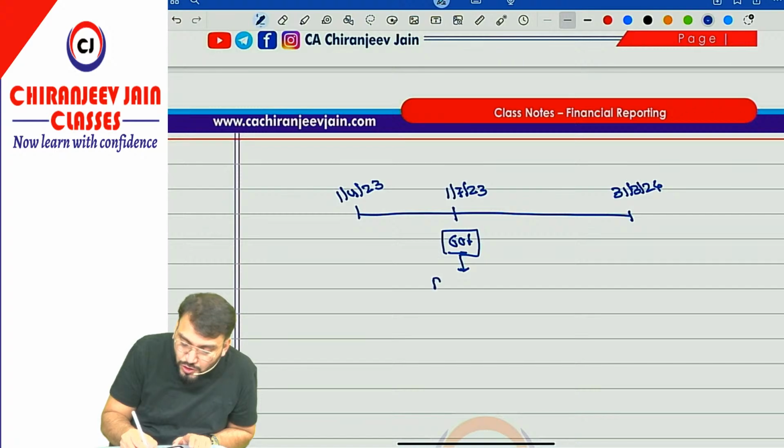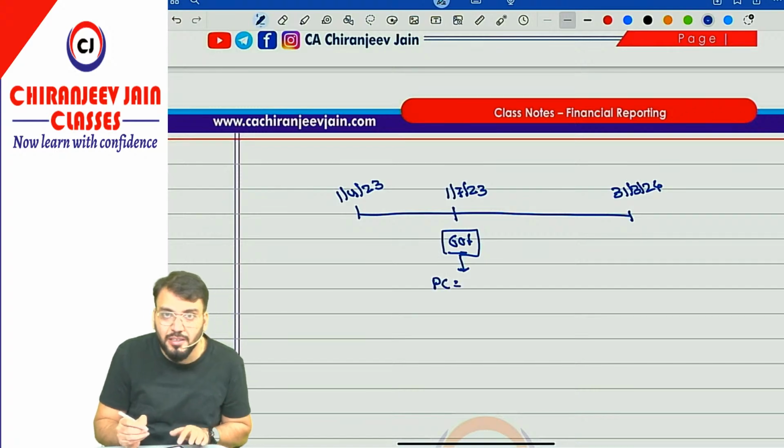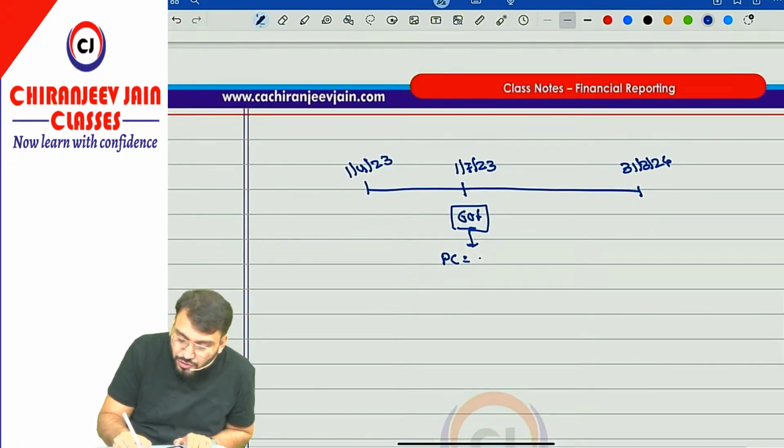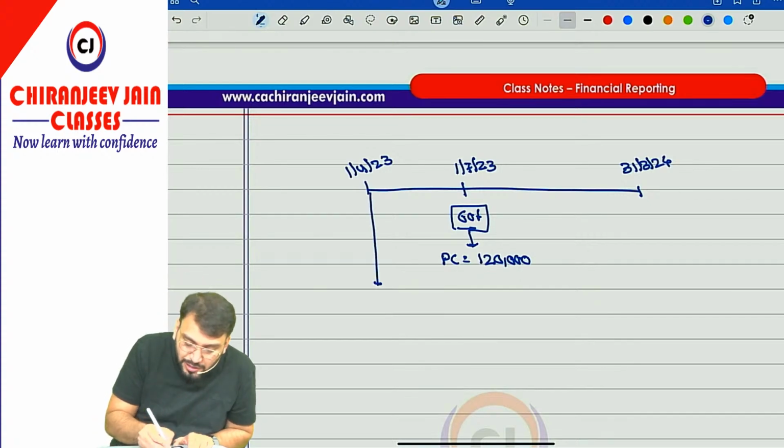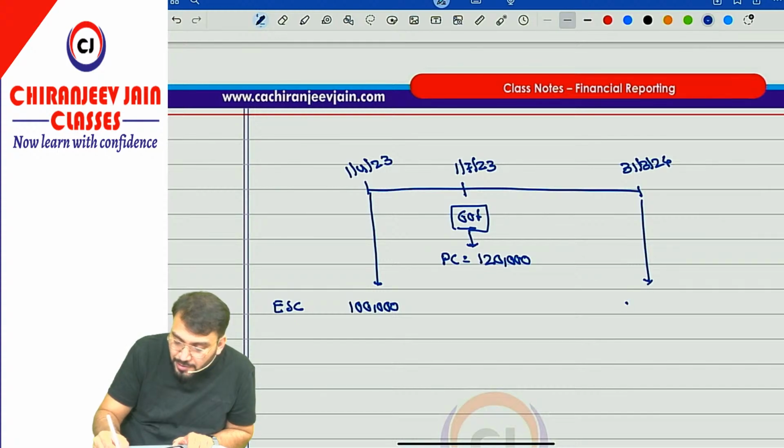And suppose the cost price of investment is PC. Let us assume PC is equal to 1,20,000. Understood? Now on this date they will give you equity share capital. Suppose 1 lakh is the equity share capital, and on this date also they have given 1 lakh.